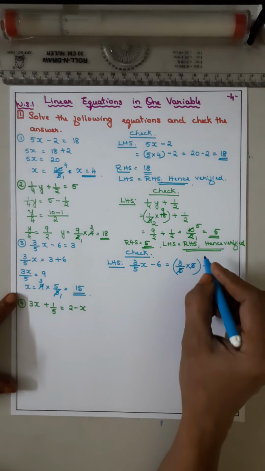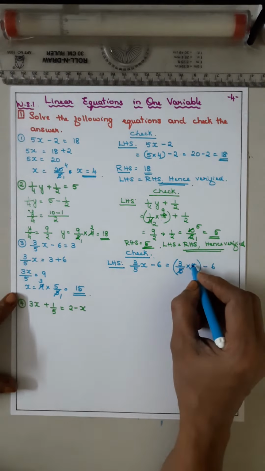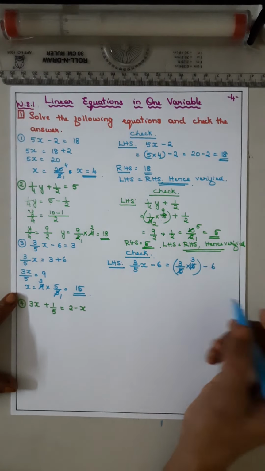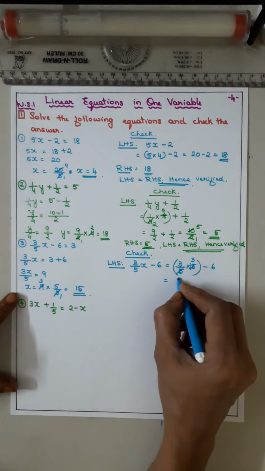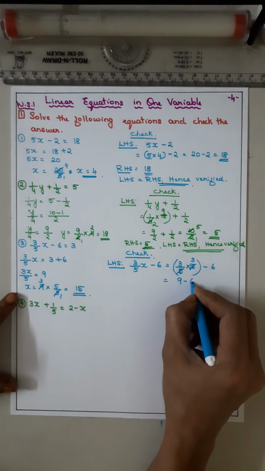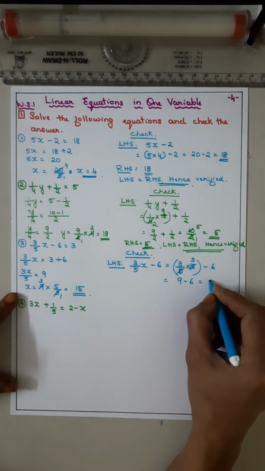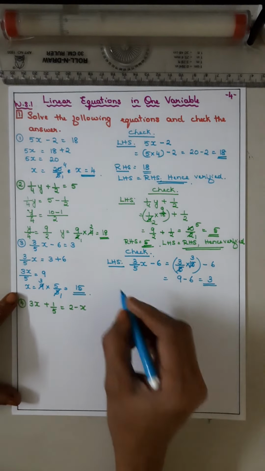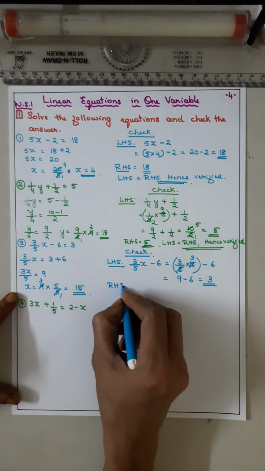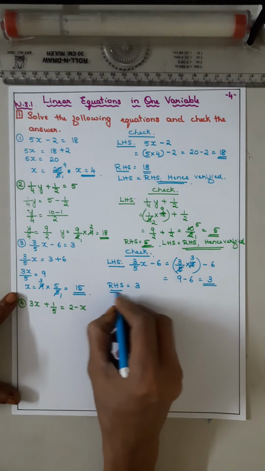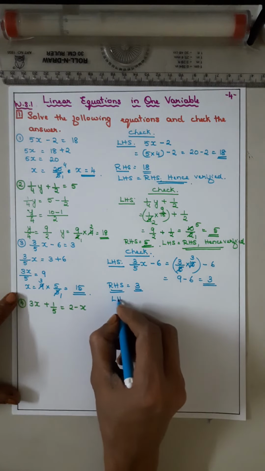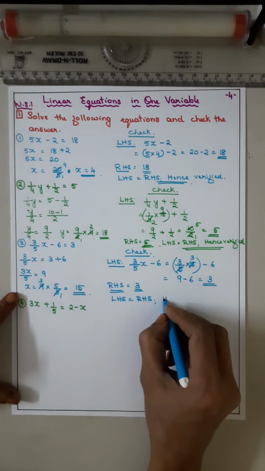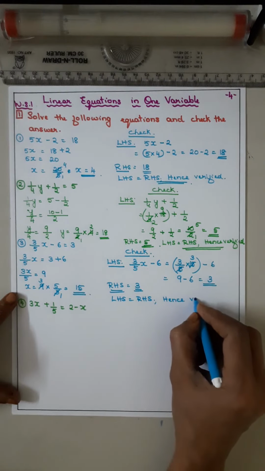It will be 15, isn't it? x is 15. 5 1s are 5, 3 5s are 15. So 3 3s are 9 minus 6 is 3. So LHS you got 3. So RHS already it is given 3. So LHS is equal to RHS. Hence verified.